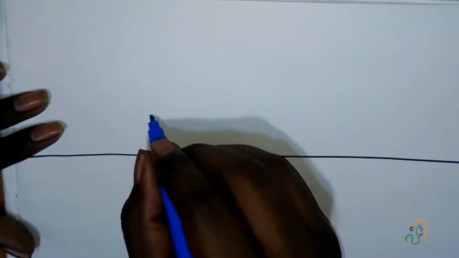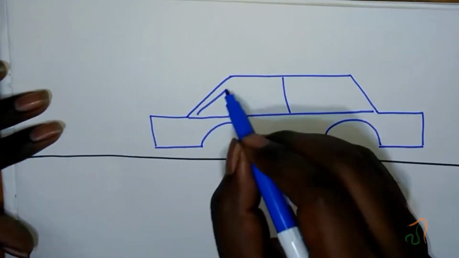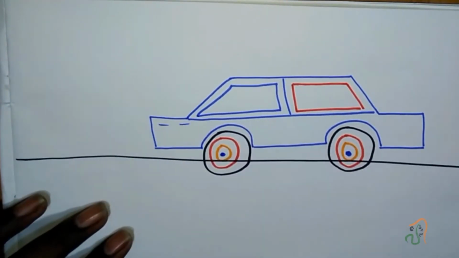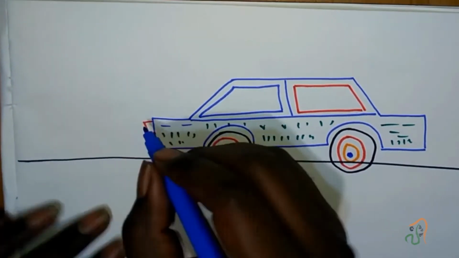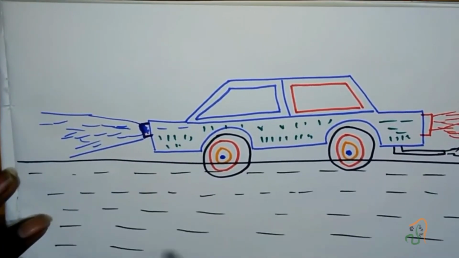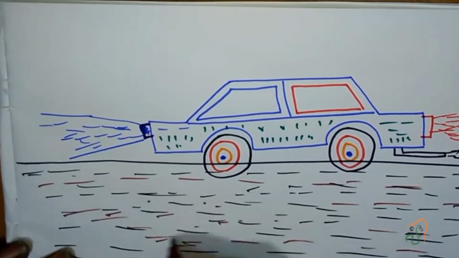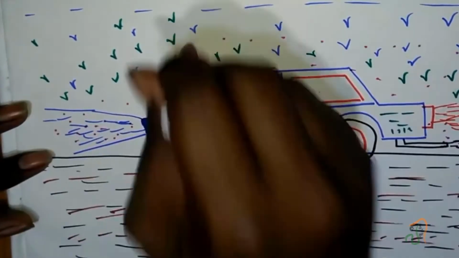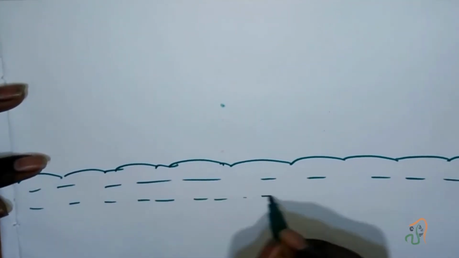Now the next image that we are drawing is the car. We are now drawing the car image here. Then the next image we are creating is some trees and grasses.